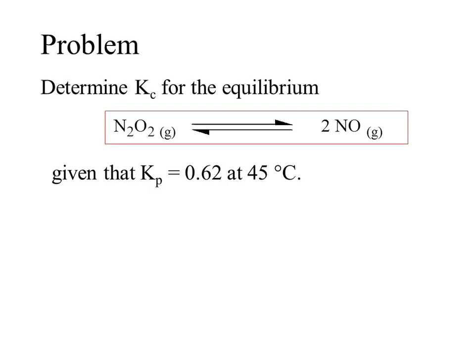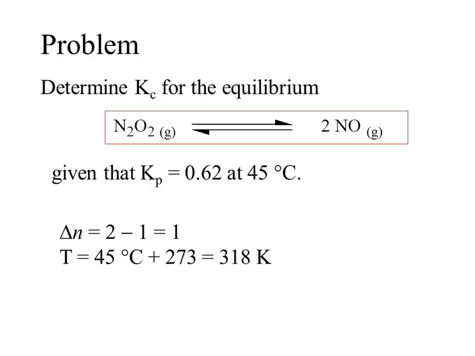So let's look at a real live example. Oh, I printed these off and I forgot to bring them. Oh well, I don't have that one memorized, but using that blue box for the relationship between Kp and Kc, if we're given Kp like this, we could get to Kc. So we're going to need to know what our delta N is, our change in moles.